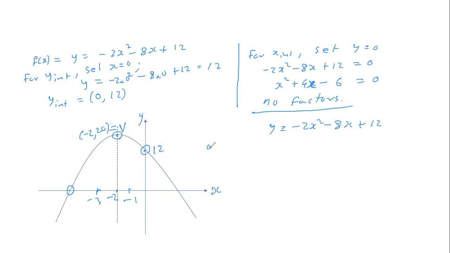When x equals negative 1, we get y equals negative 2 times negative 1 square minus 8 times negative 1 plus 12, which is negative 2 plus 8 plus 12, 20... this is 18.